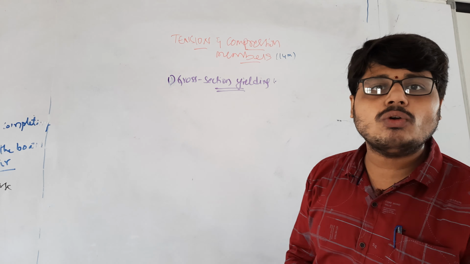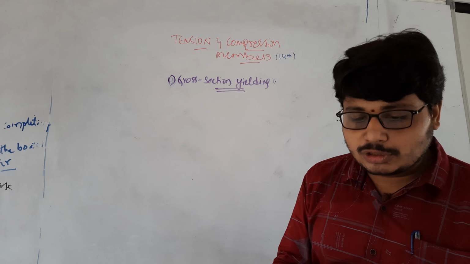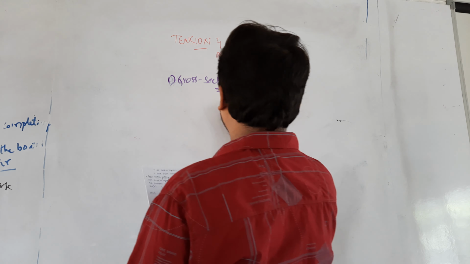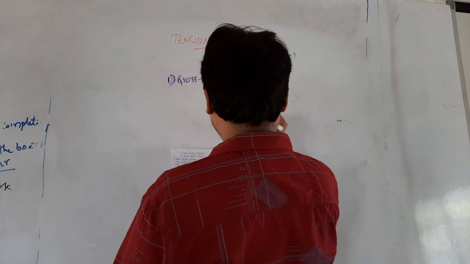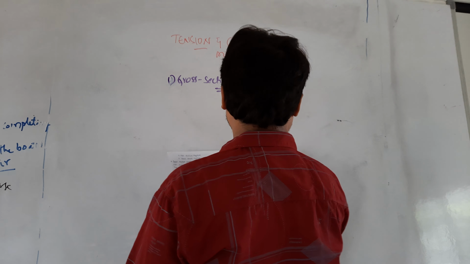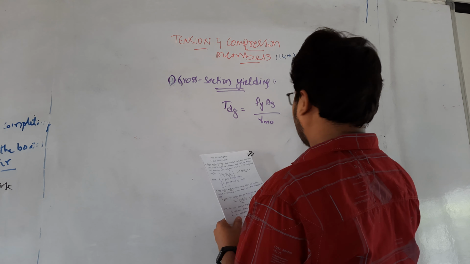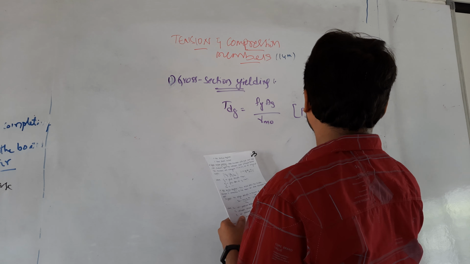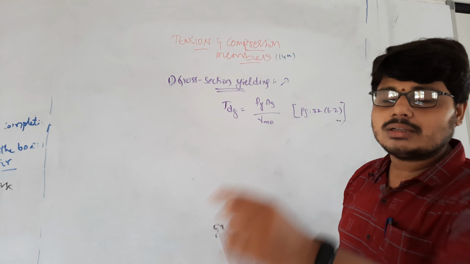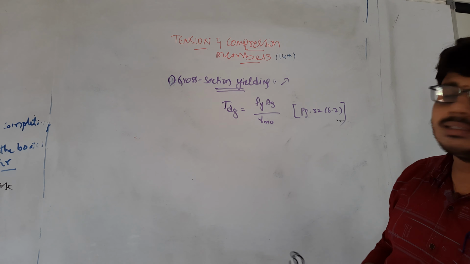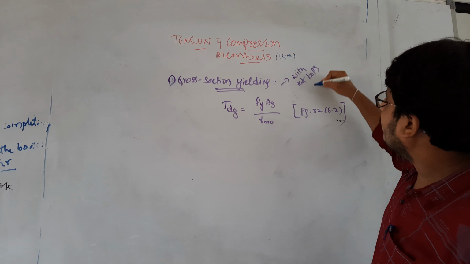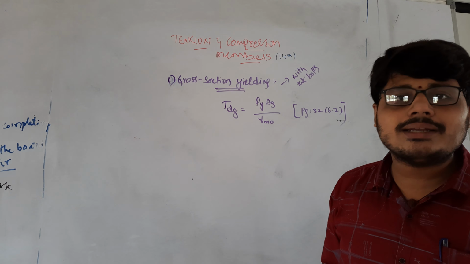Steel members without bolts can sustain about the ultimate load. So gross section yielding is nothing but tension members without bolts, which can sustain some ultimate strength.